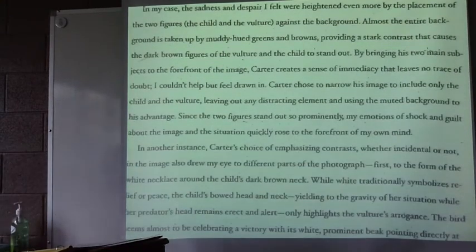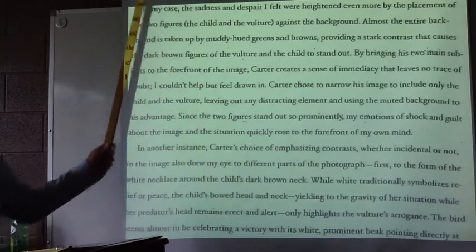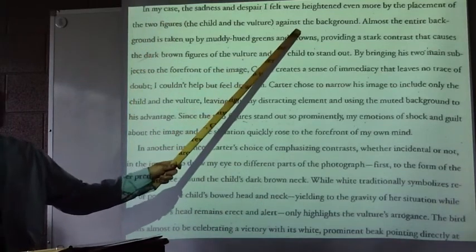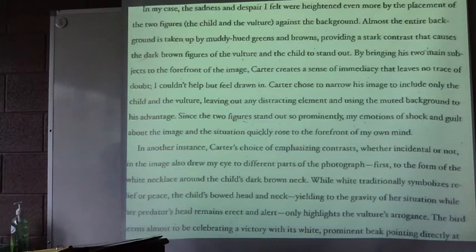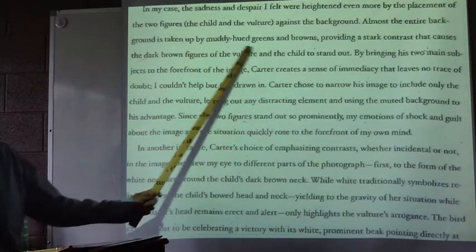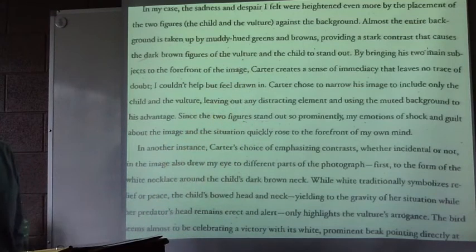Let's see what kind of time we have. "In any case, the sadness and despair I felt were heightened even more by the placement of the two figures, the child and the vulture, against the background." So we had focal point, now we have figure, ground. "Almost the entire background is taken up by muddy-hued greens and browns," so he's talking about the background, "providing a stark contrast that causes the dark brown figures of the vulture and the child to stand out.